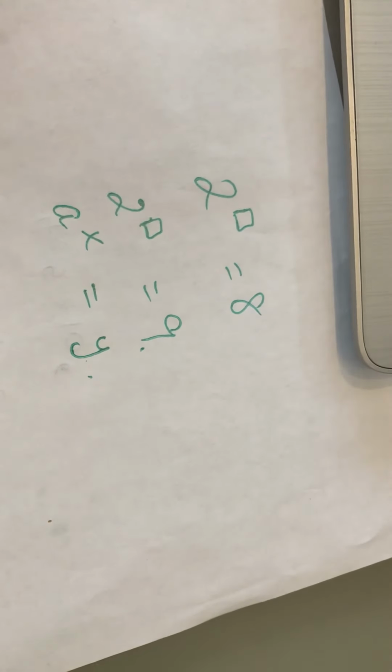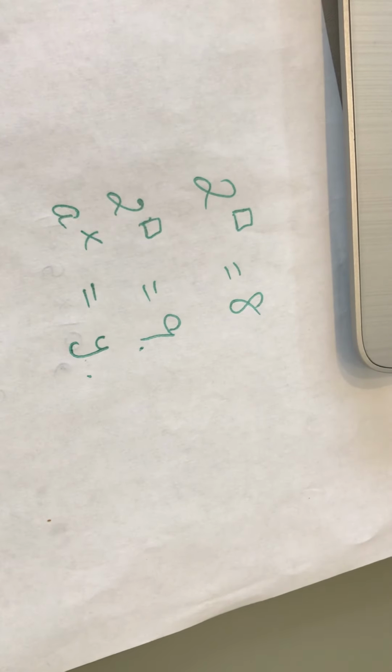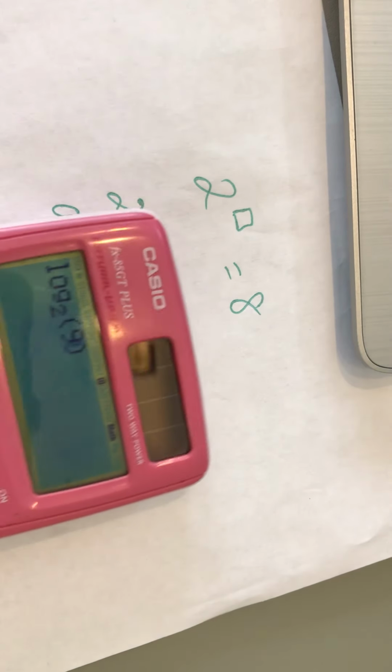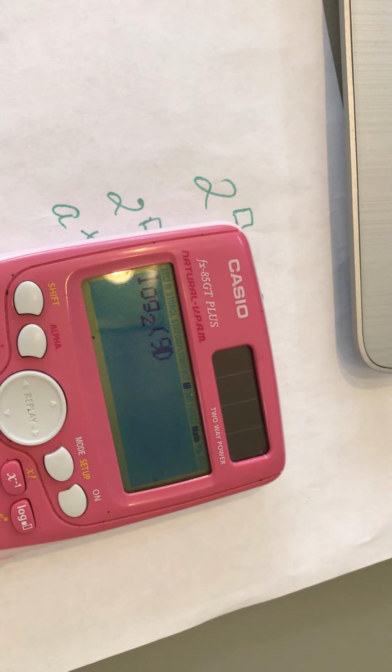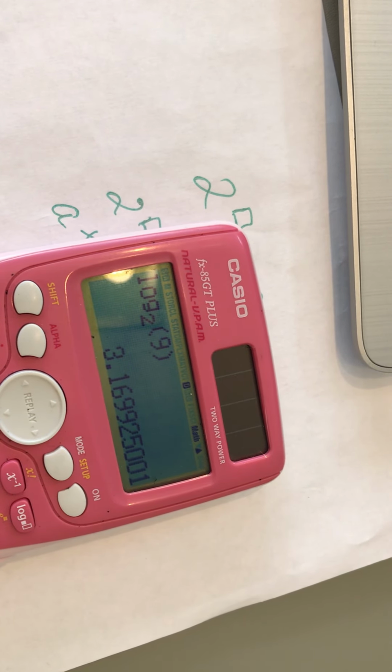And when I press that, I should be able to type in what is down here, which happens to be a 2 in this situation, and what is up here, which happens to be a 9 in this situation. Press equals, and we get 3.169925001. So we no longer have to guess and check. That's our missing power.